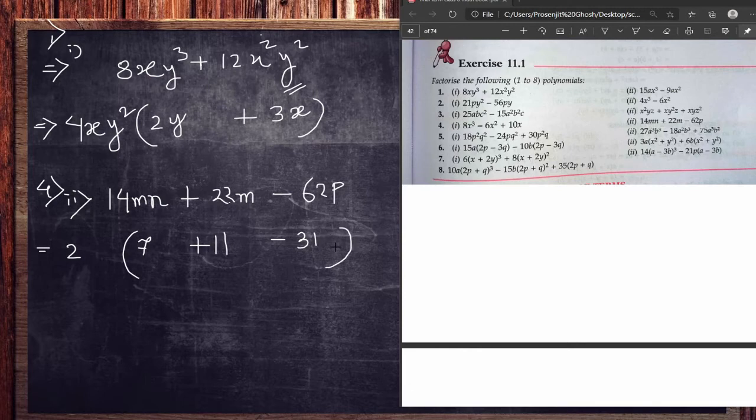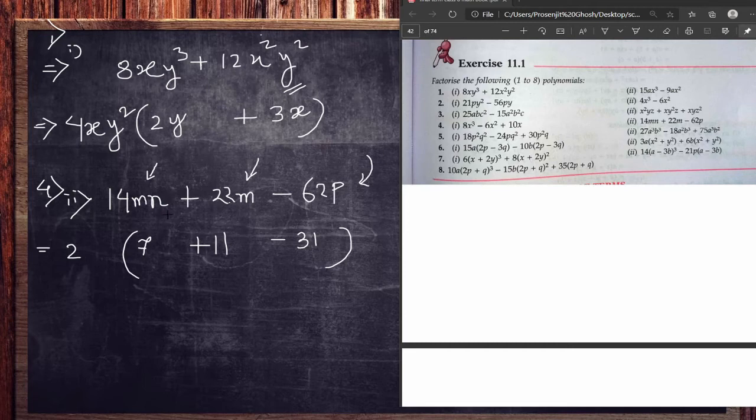Okay. After that, what is going to happen? mn, m and p. First variable, m. In the first one, m is there. In the second one, also m is there. That means the minimum number of m is m. But in the third one, no m is there.